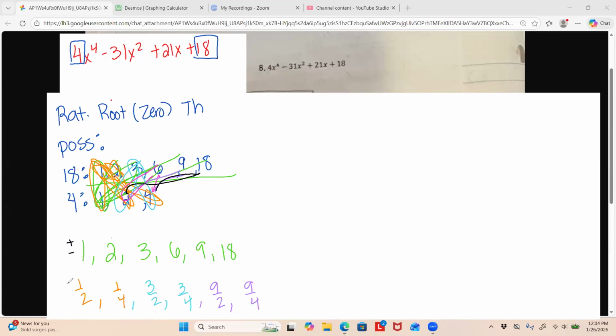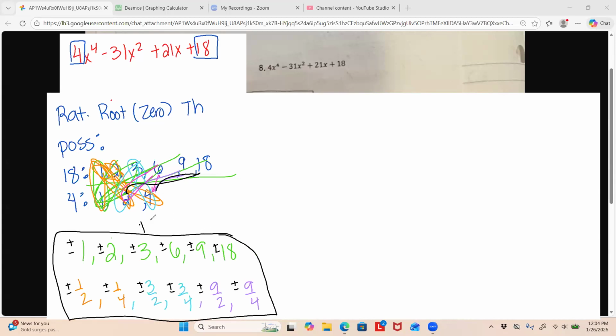And then give every single one of these a plus minus. That is the rational root or rational zero theorem. And these are not guaranteed to be answers, but these are possible answers. So if it just was list the possible roots, there it is.